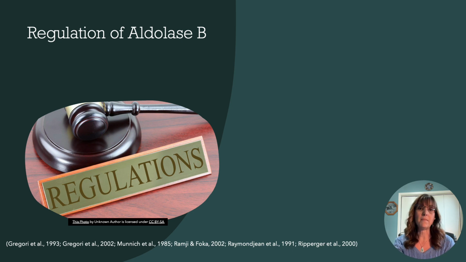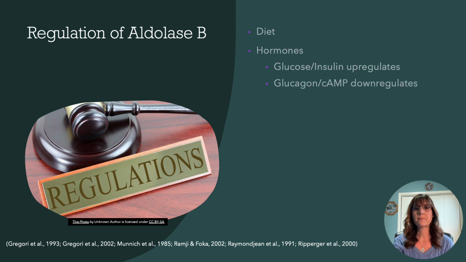Now, the ability to make glucose as the body requires it, especially in times of fasting or low carbohydrate intake, can be controlled by diet and hormones. Glucose and insulin increase its activity, and this allows sugar to be broken down to keep the blood sugar levels regulated, while glucagon and cAMP can down-regulate it, and this allows the blood sugar levels not to get too low.